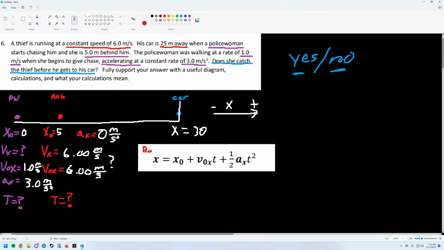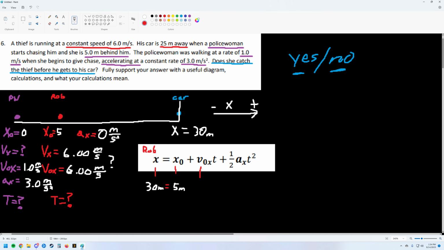This, I think, will be Rob. So final position we know is going to be equal to 30. That's meters. Forgot to put that here. His initial starting position is going to be 5 meters.